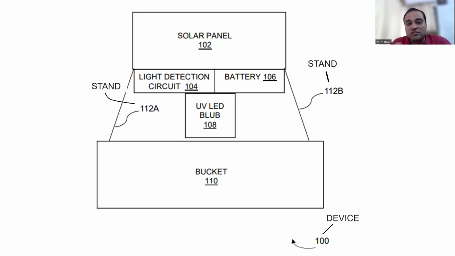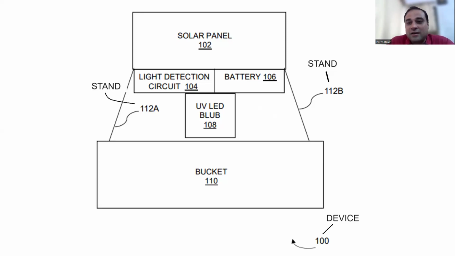Now, as night falls, during darkness, the light detection circuit detects that the intensity of sunlight has now decreased. So therefore, it sends a signal to the UV LED bulb to switch on. So the UV LED bulb is now switched on and it is powered by the battery, which is already charged by the solar panel during the daytime, during the first mode of the operation of the device.